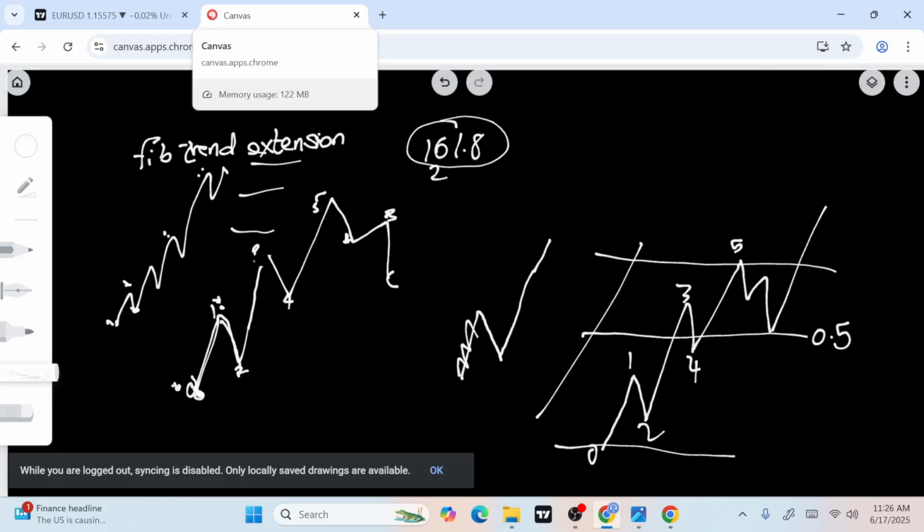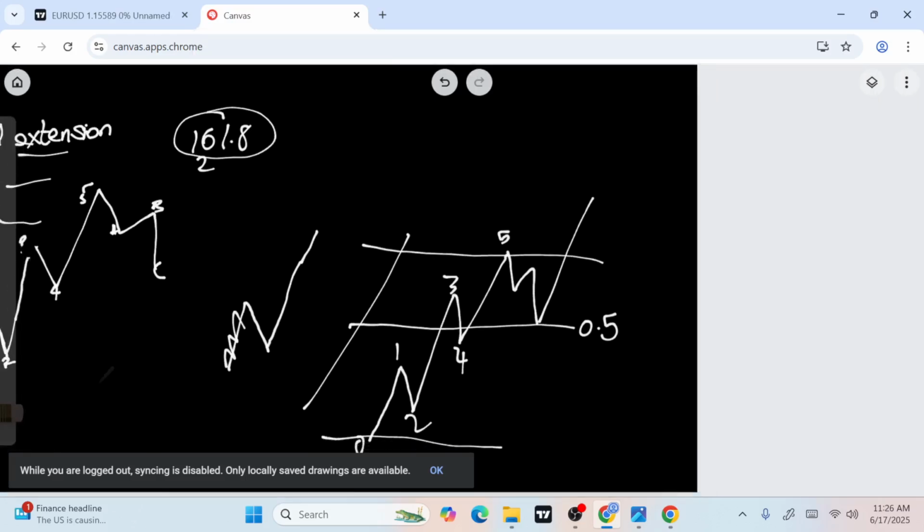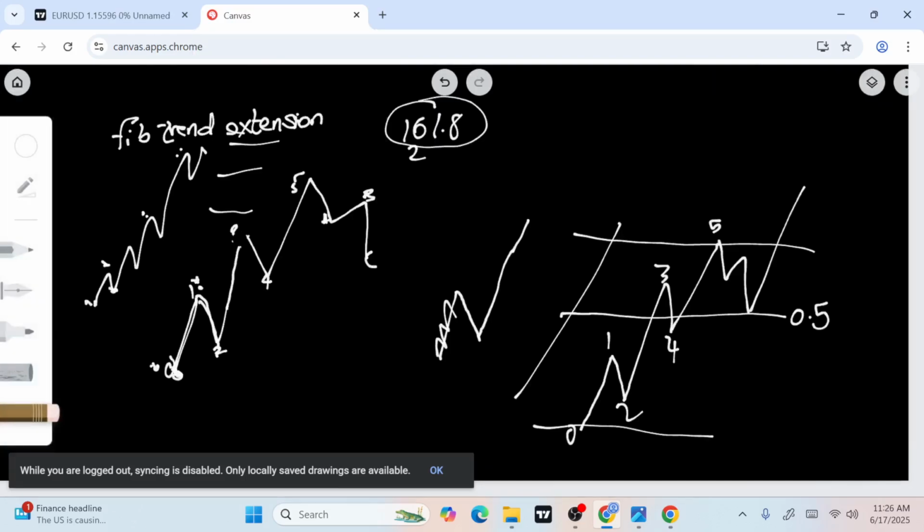Like I said, when the market was buying before, for you to determine that it has started trending in a particular direction, you have to see a structure.